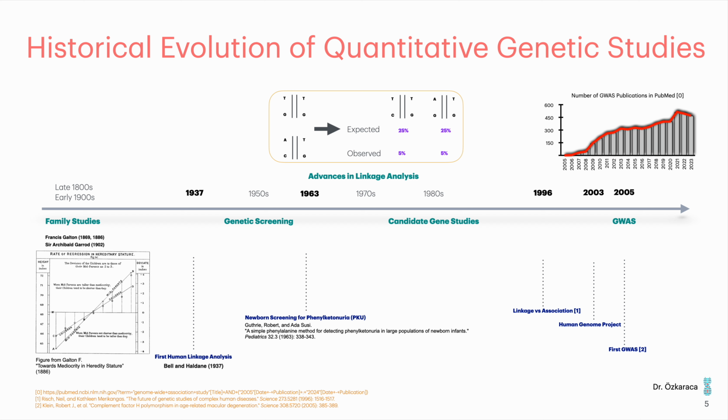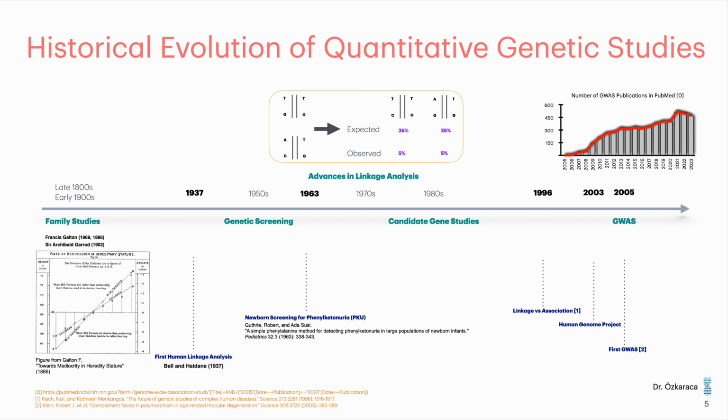His newborn screening program became mandatory in many places, preventing countless cases of intellectual disability through early dietary management. His test exemplifies how genetic screening can have a profound impact on public health.